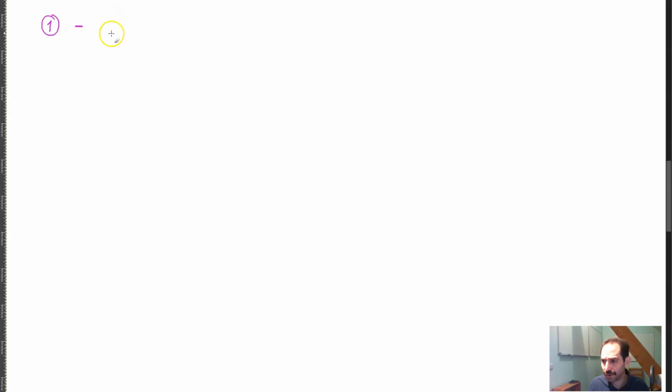basically (G∘F) inverse composed with G∘F is equal to I of A. That's what we wanted to show. So now let's see how we can show that is the case.